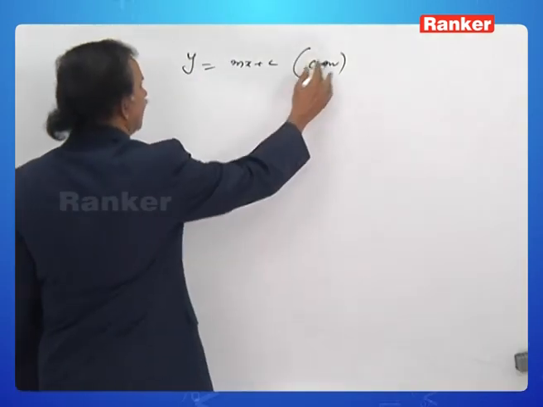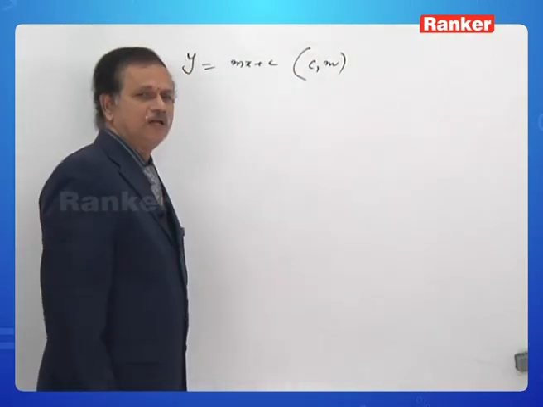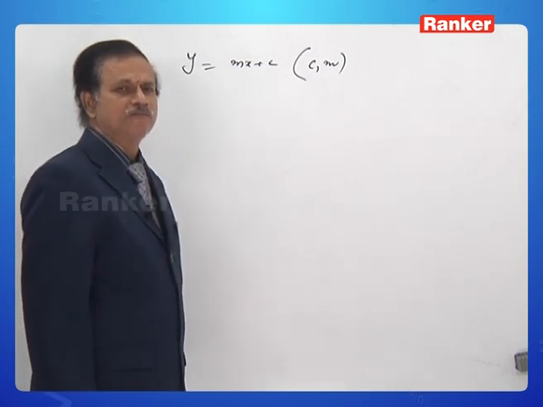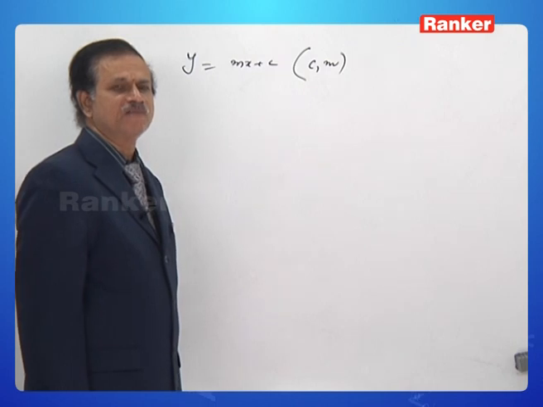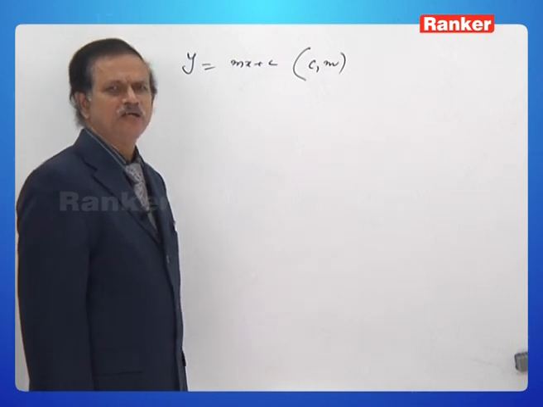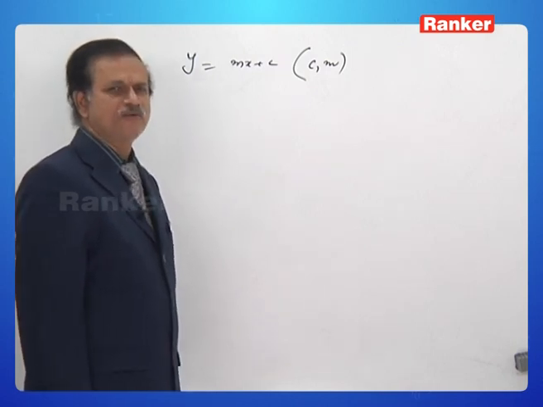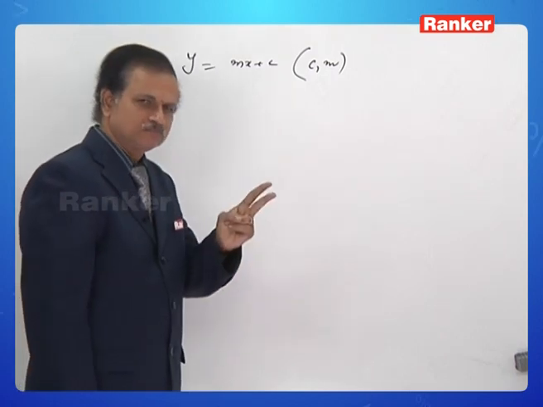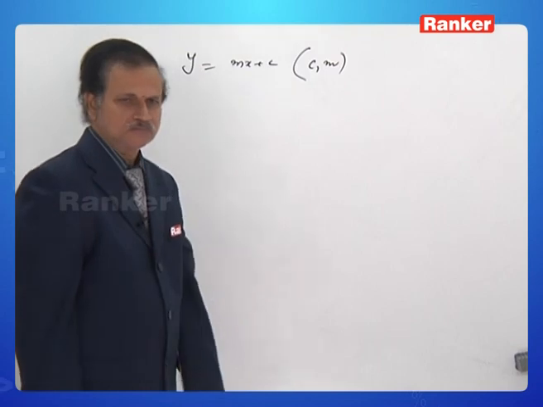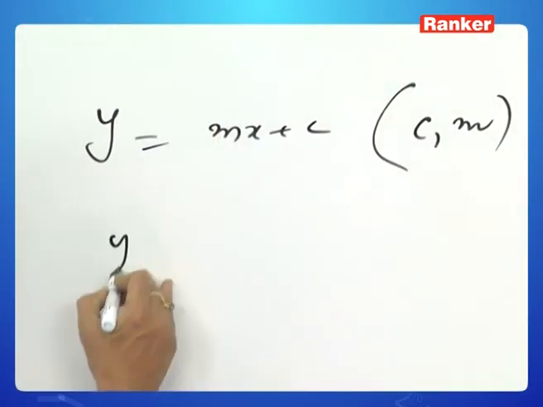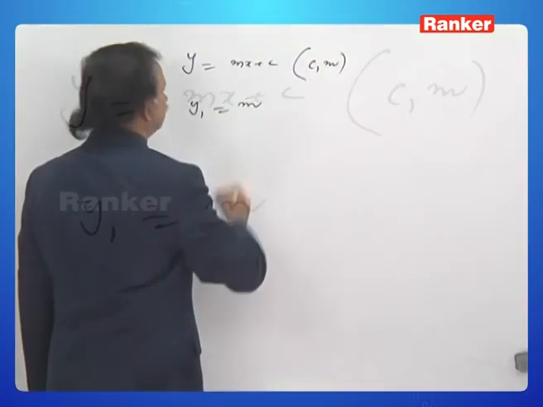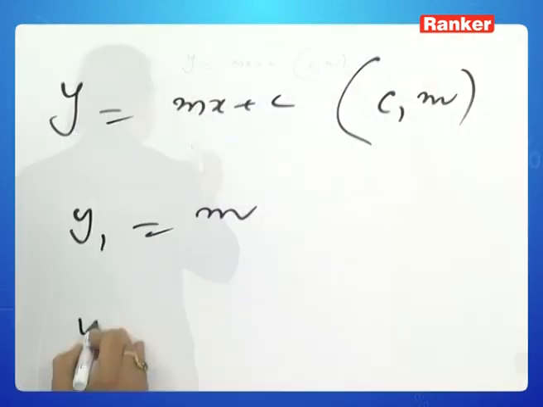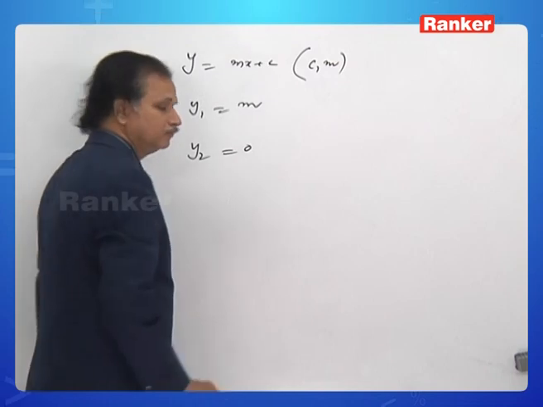Then there are 2 constants to be eliminated. In the beginning itself, you must have a particular fixed idea. What is that idea? How many times should we differentiate? 2 means 2 times only. Not less than 2, not more than 2. Come on. y1 is equal to m. y2 is equal to 0.